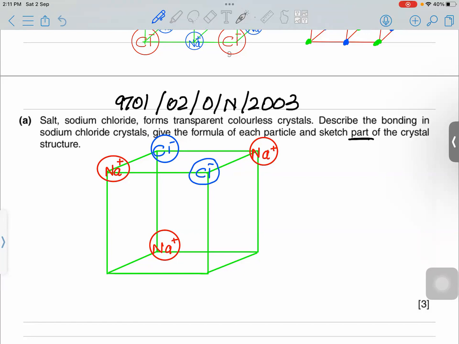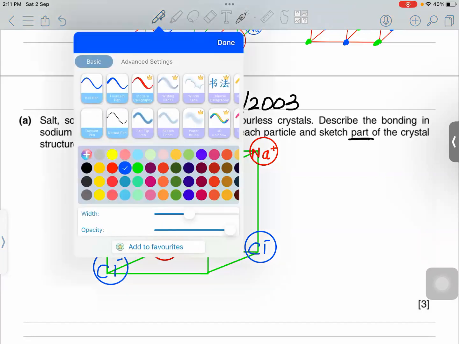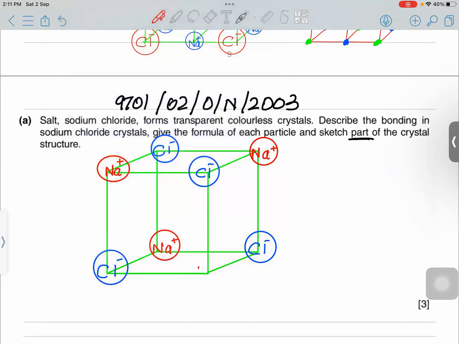Here negative chlorine, negative chlorine. Here you have sodium. This is a part of the crystal lattice.